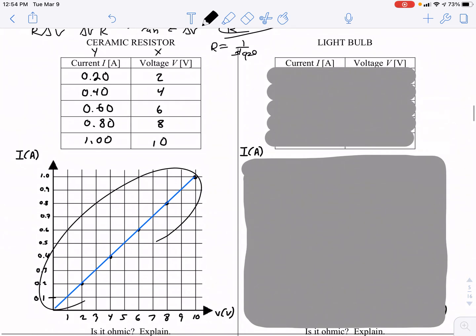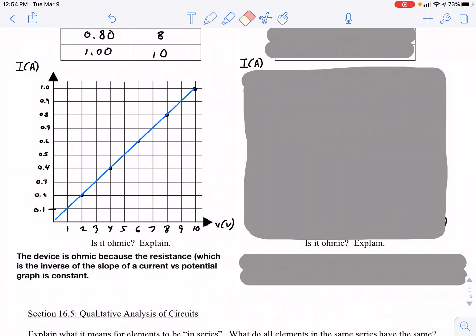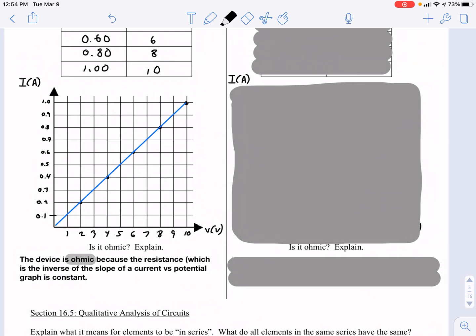Since your slope is constant, your resistance will be constant, and thus this is considered an ohmic device.